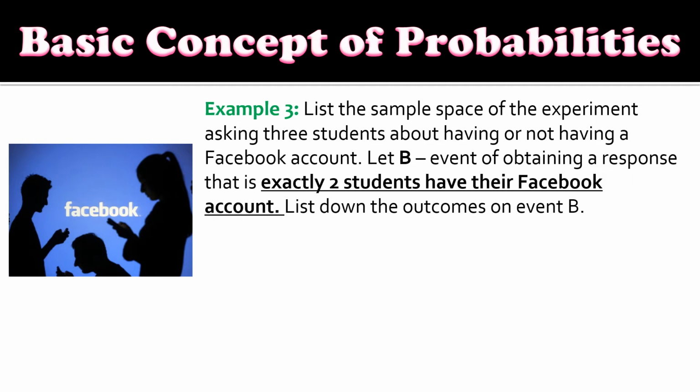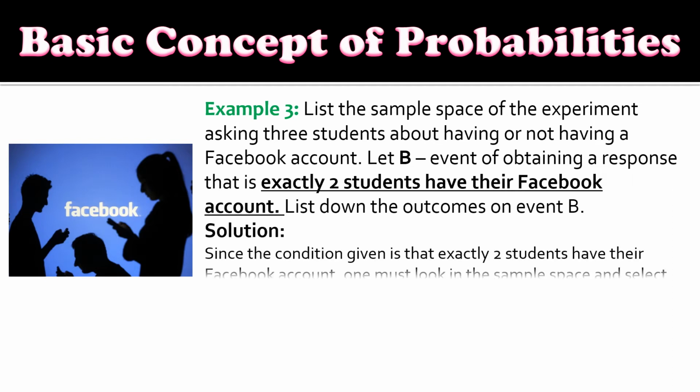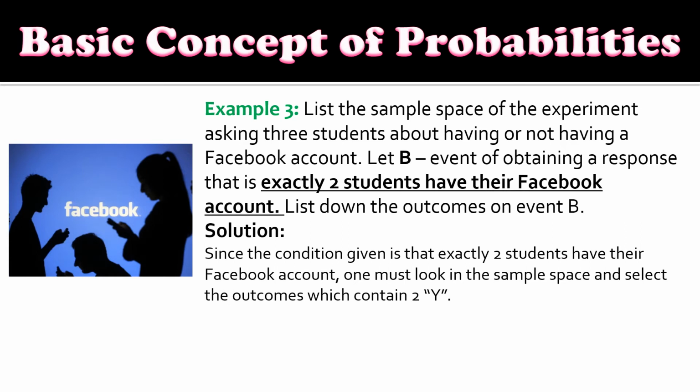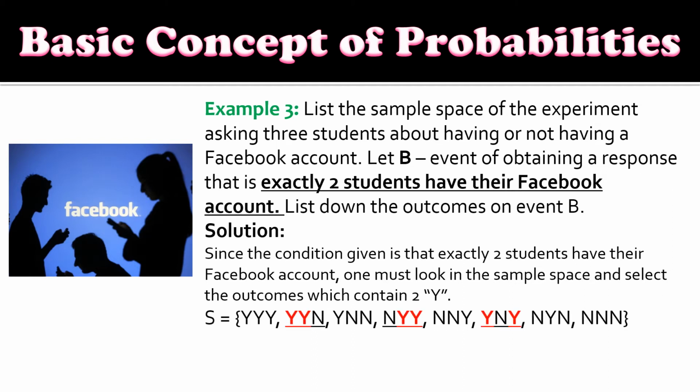List down the outcomes of event B. Since the condition given is that exactly 2 students have their Facebook account, from the sample space earlier, we will look for outcomes with exactly two Y's. This is our sample space from earlier. These have two Y's: YYN, NYY, and YNY. Therefore, the elements of event B are YYN, NYY, and YNY.